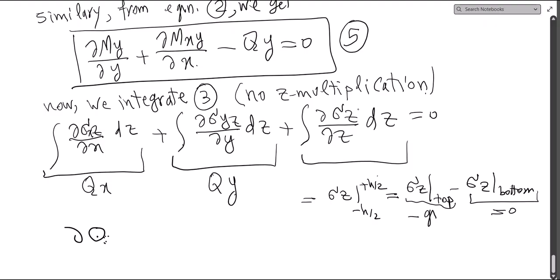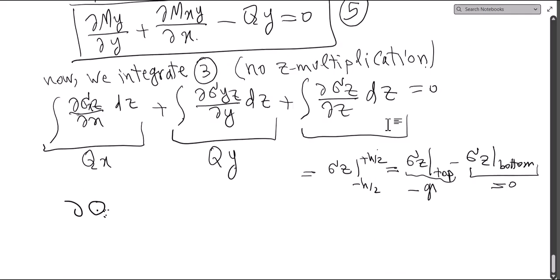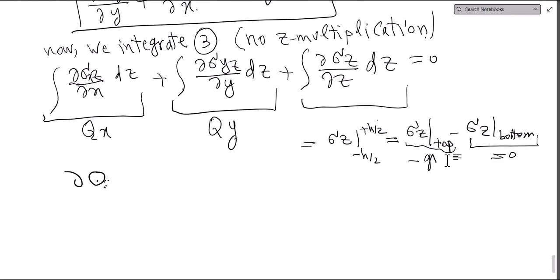If you go back here, we defined qx as the integral of sigma xz, and this is minus q in the direction of minus z, therefore it is plus q as a stress.